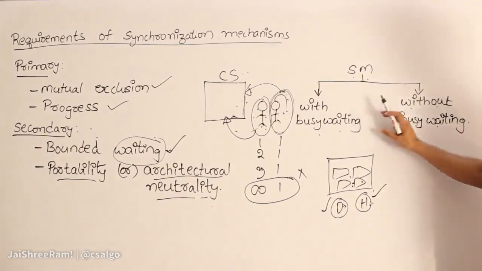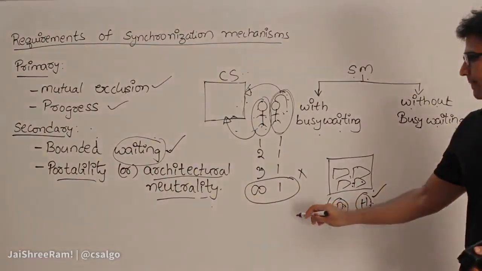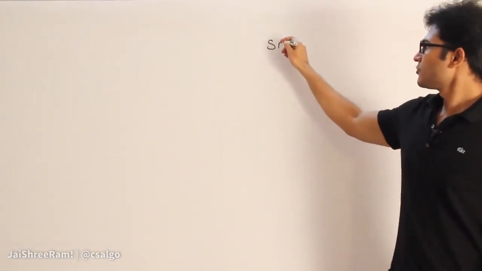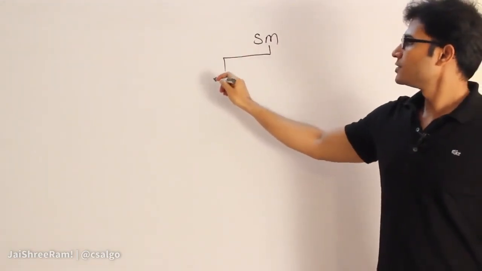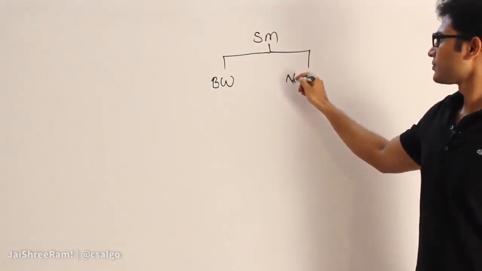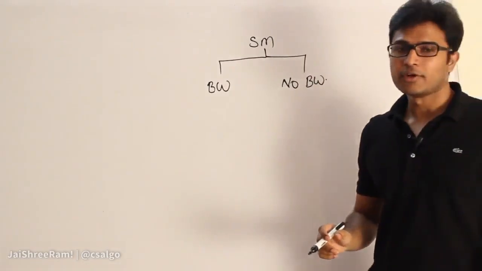So what is busy waiting and what is without busy waiting, you can think of it this way. As I was saying, these synchronization mechanisms are of 2 types. One is with busy waiting and the other is without busy waiting. So how can we compare it to our metaphor that we are following?